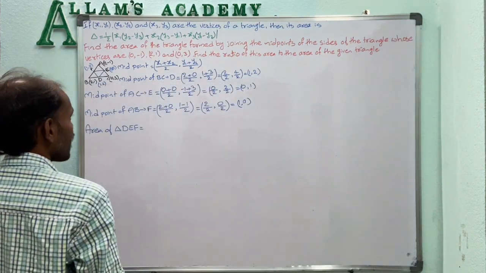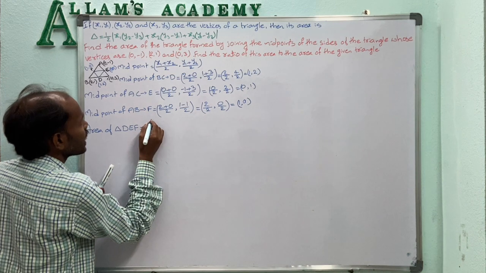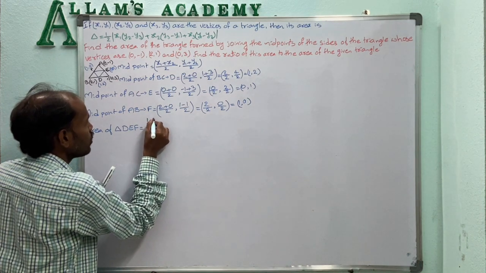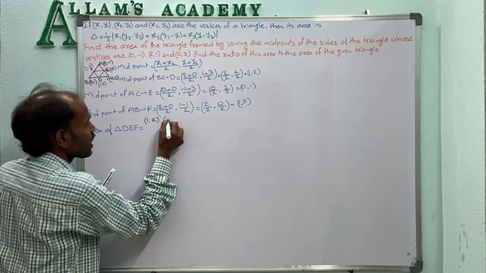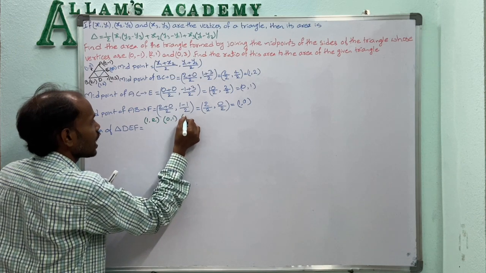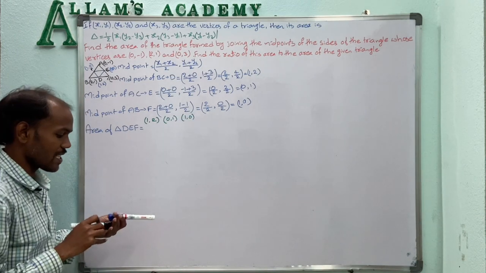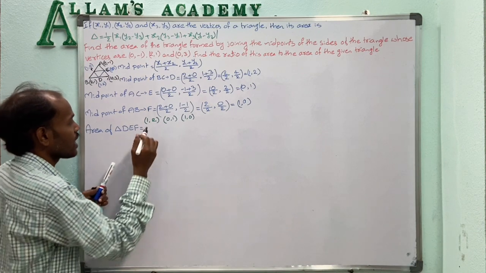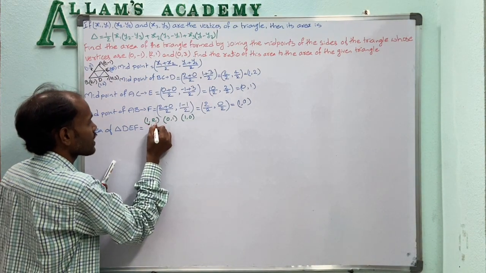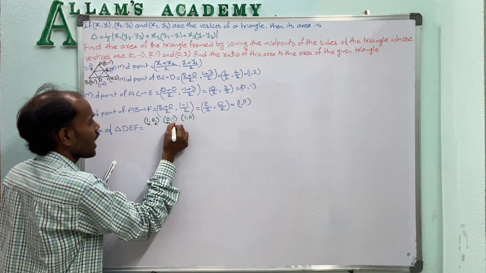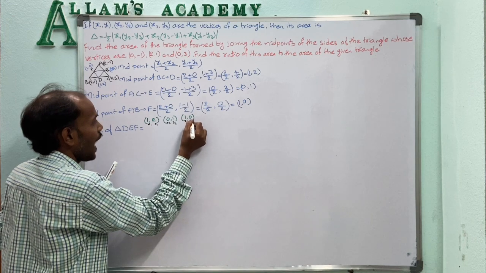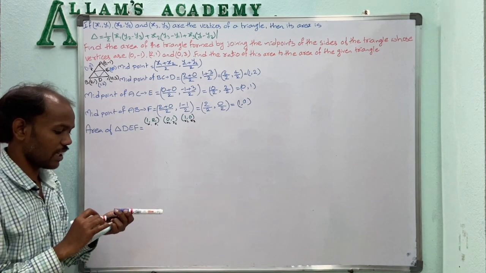Here we take D (1, 2) as x1 y1, E (0, 1) as x2 y2, and F (1, 0) as x3 y3.